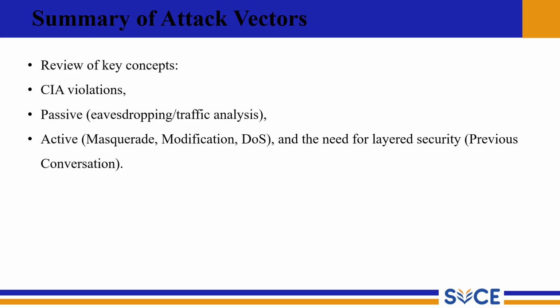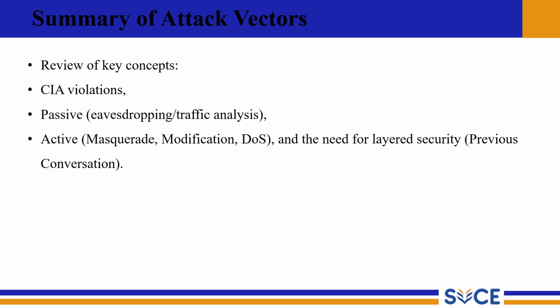In summary, we have detailed the full spectrum of security attacks, classifying them by their target, their action, and their methodology. We also reviewed the cryptography principles, encryption, steganography, and cryptanalysis that are necessary to secure and hide our communication in hostile environments.